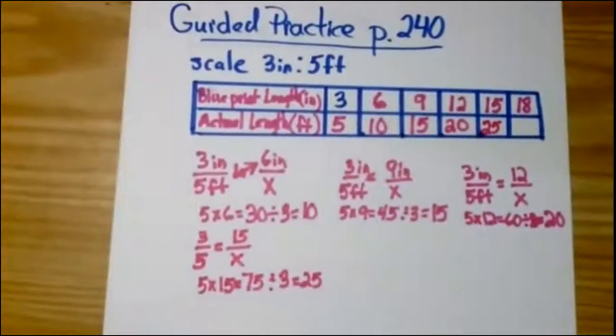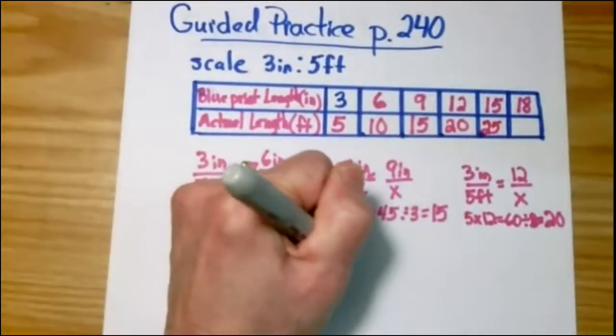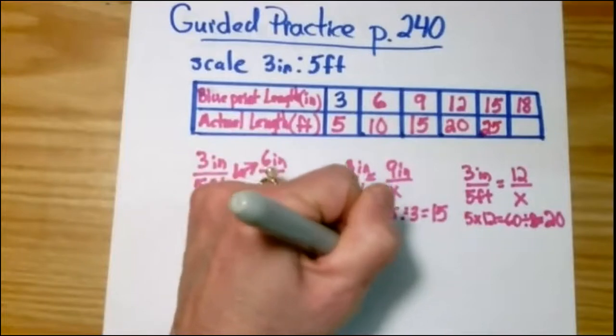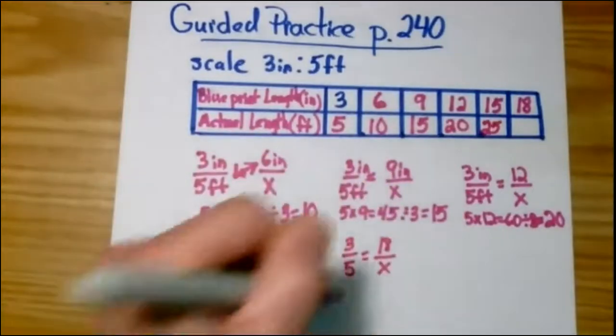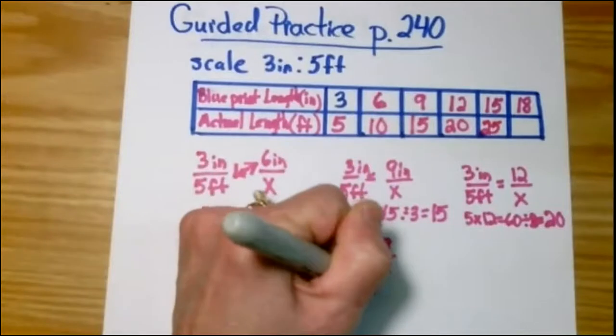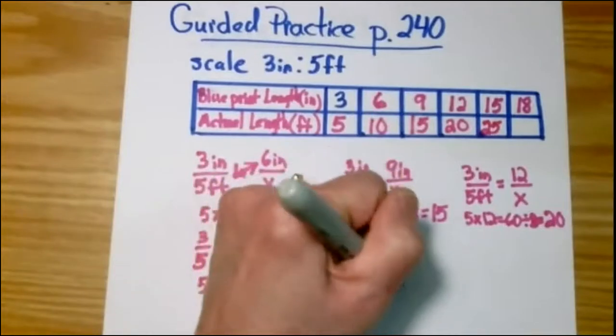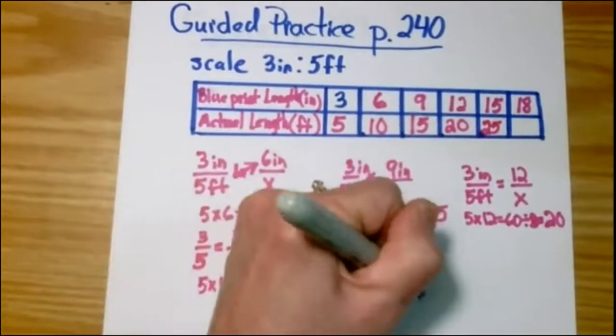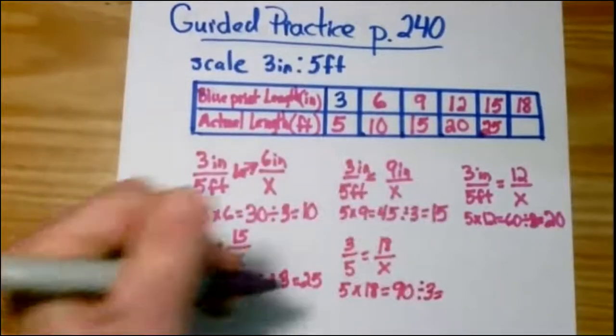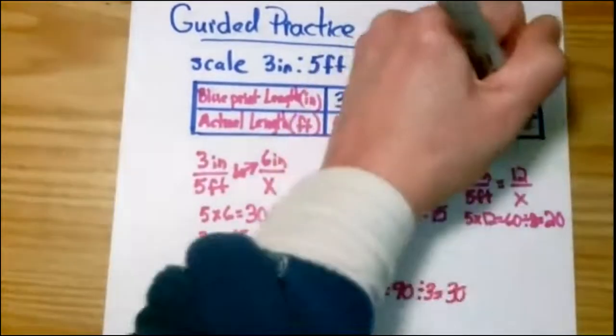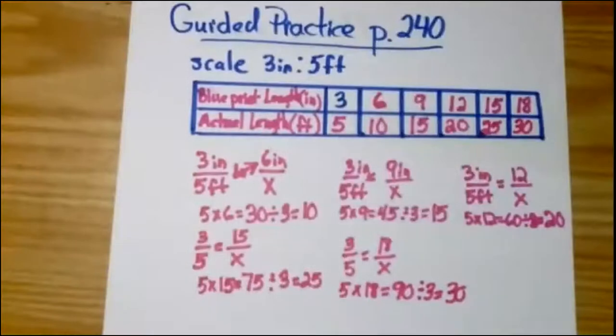And then the last one is 3 to 5 is equal to 18 to blank. So 5 times 18 equals 90, divided by 3 equals 30 feet. So 30 goes here. We got our table filled in. Now the question is asking us letter A, how long is the actual wall?